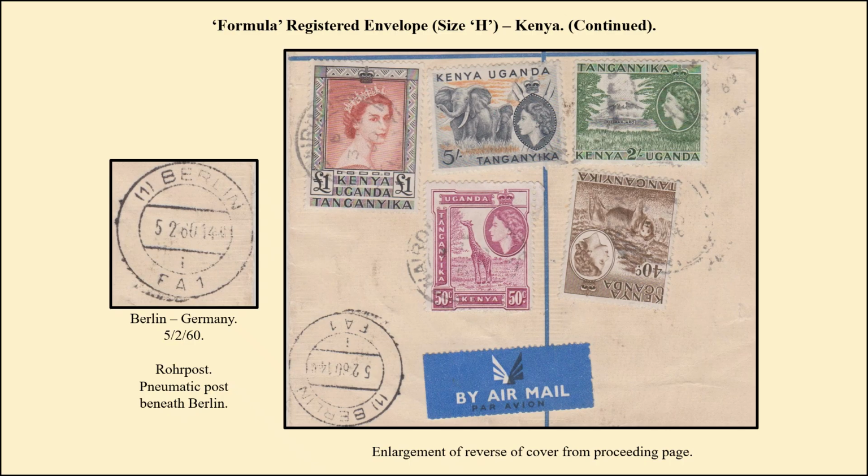This is the reverse of the previous cover, showing the 2 shillings, 5 shillings and the pound stamps correctly used, and the cachet from the Rohrpost pneumatic post, which carried the cover underneath Berlin.